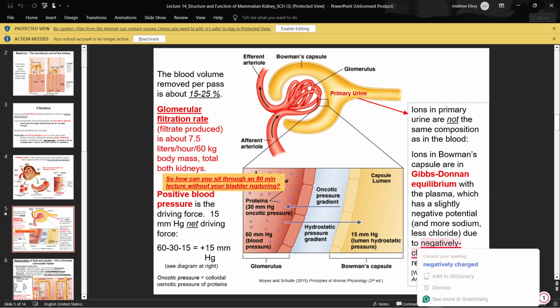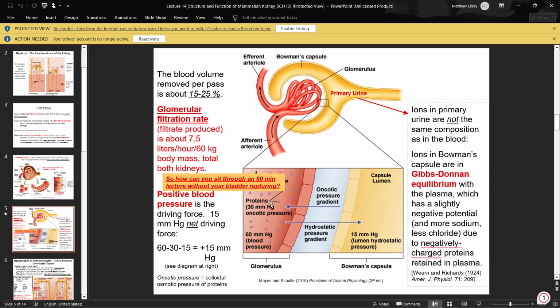Again, remember, large macromolecules like proteins cannot go through the filtration barrier, so these proteins are retained in here, and they're going to be negatively charged, and then we're going to have our urine outside, which is not as negatively charged, but they are in Gibbs-Donan equilibrium because these ions are permeable to this filtration barrier and will move in sequence to equal out the charge difference between the two. But it is just important to note that the composition is not the same as in the blood.